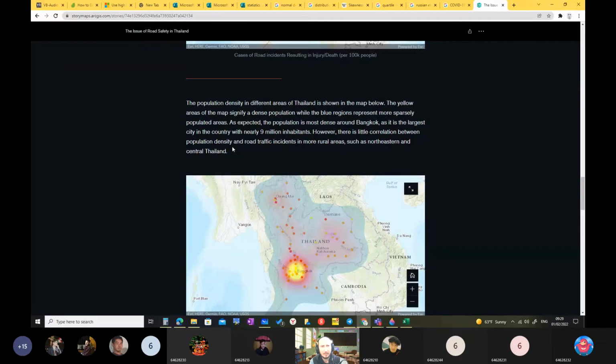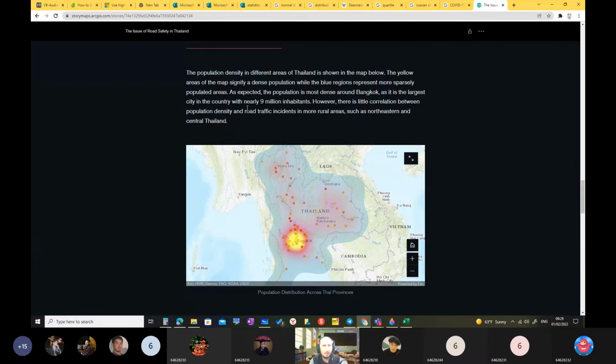Okay, population density. More people live in Bangkok, so there will be more, largest, 9 million people. But they're saying, however, there's little correlation between population density and road traffic accidents.